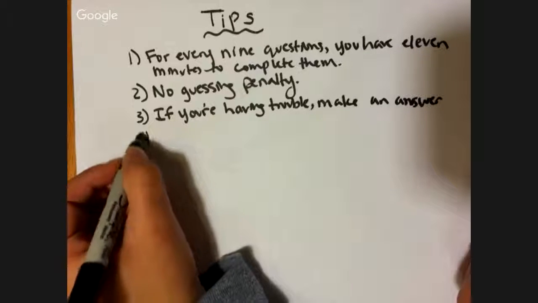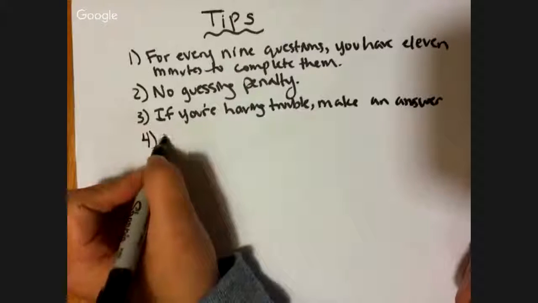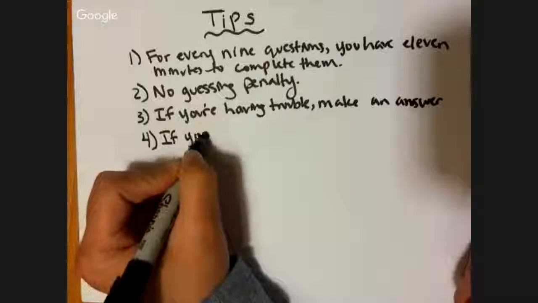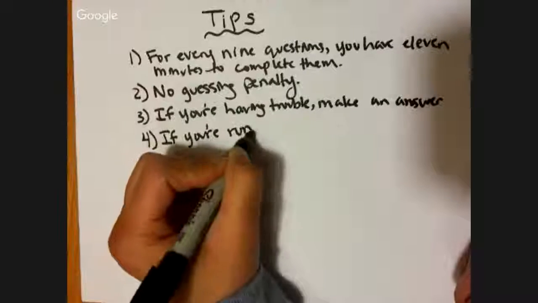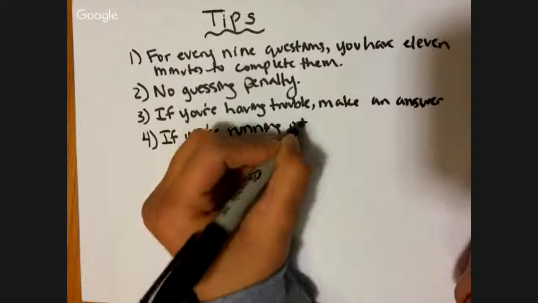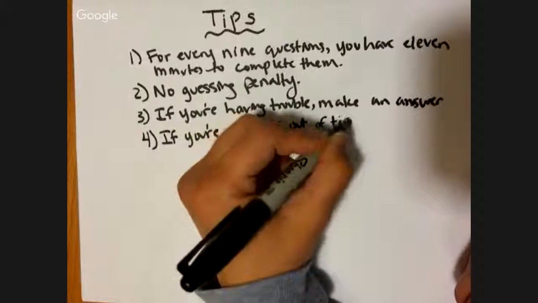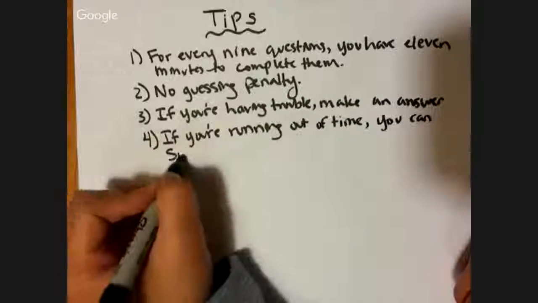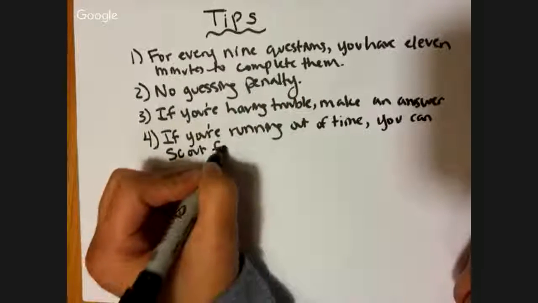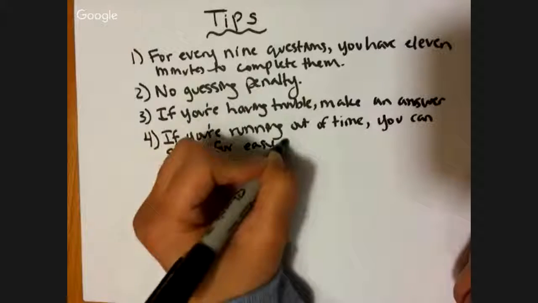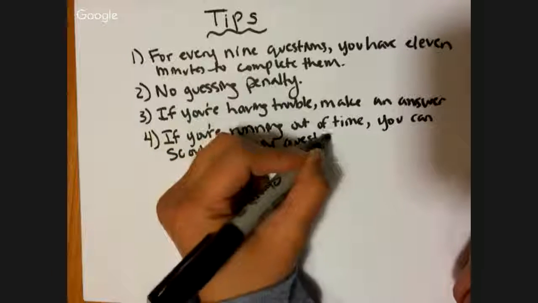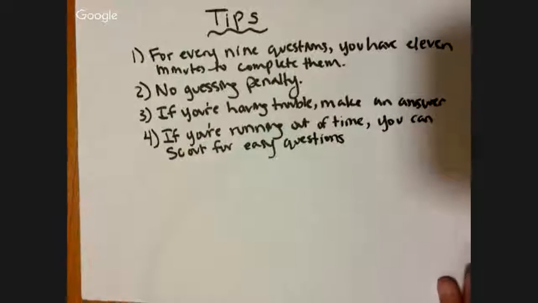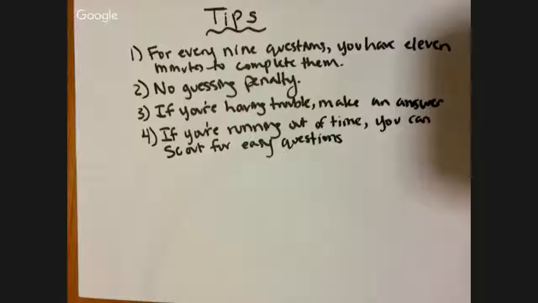All right, 4th tip. If you're running out of time, you can look through the questions ahead of time and try to determine what the easy questions are and what the harder questions are.